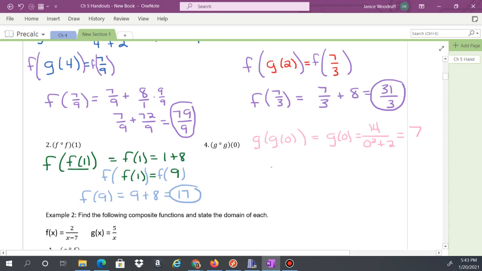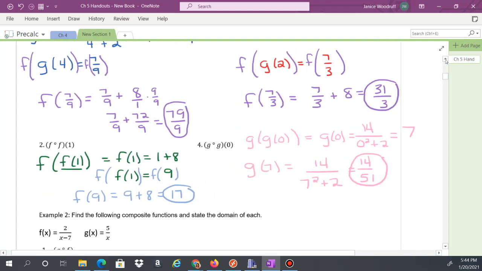Then you're finding g of 7, and that's 14 over 7 squared plus 2, which is 14 over 49 plus 2, 51. And I think 51 is prime, so that's not going to reduce.